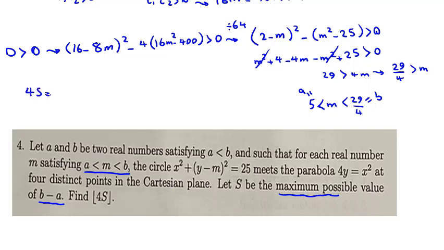So 4s is 4 times b minus a, 29 over 4 minus 5. If we multiply by 4, 29 minus 20, which will be 9. And because it is an integer, the integer part of that is also exactly 9 itself. So the answer of this problem is 9.